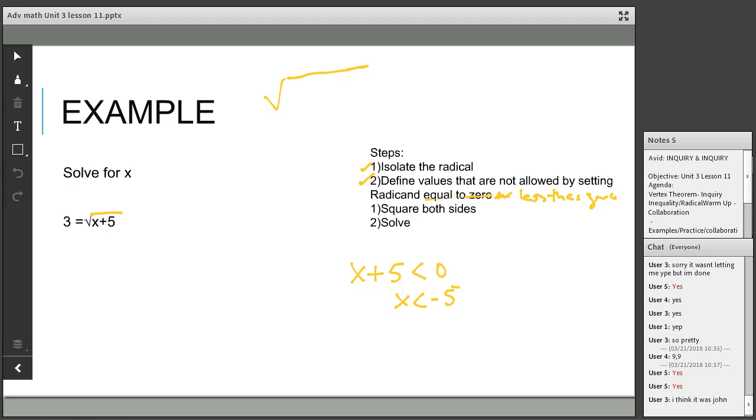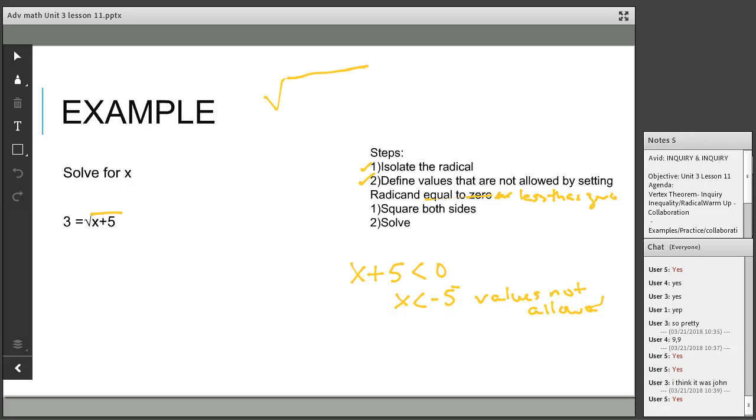So x less than -5 are values not allowed, right? Anything less than -5 is not going to be an allowed value, because that would make the expression underneath the radical a negative number. Does that make sense? We cannot give ourselves a negative number underneath the radical.